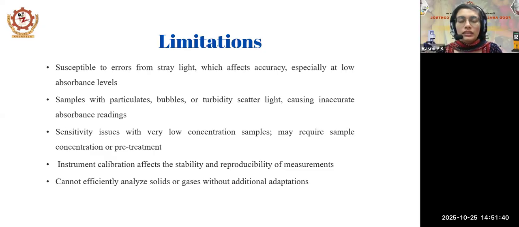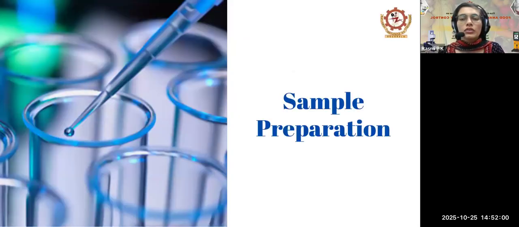It is considered a warming up time, because when we switch the light on it will not give an accurate or sufficient amount of light, so we have to keep it for warming up. So next we are seeing how to prepare the sample for analysis using the UV spectrophotometer.